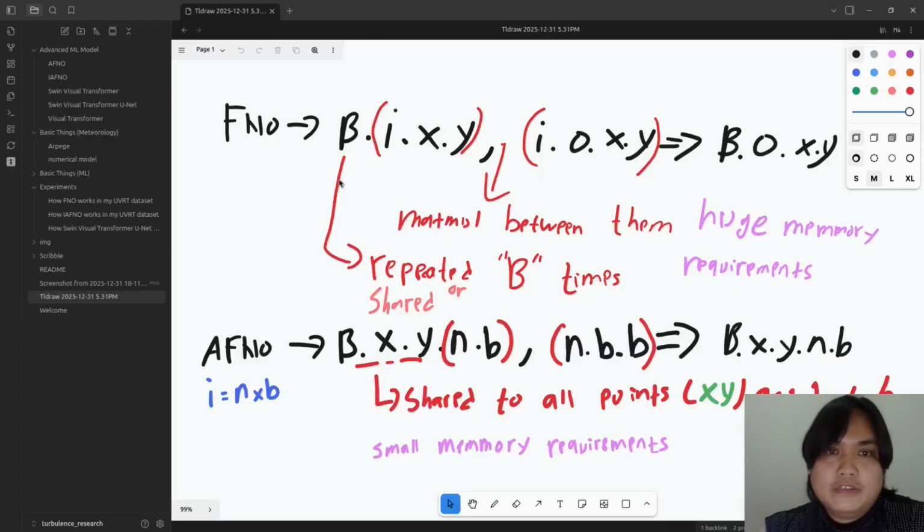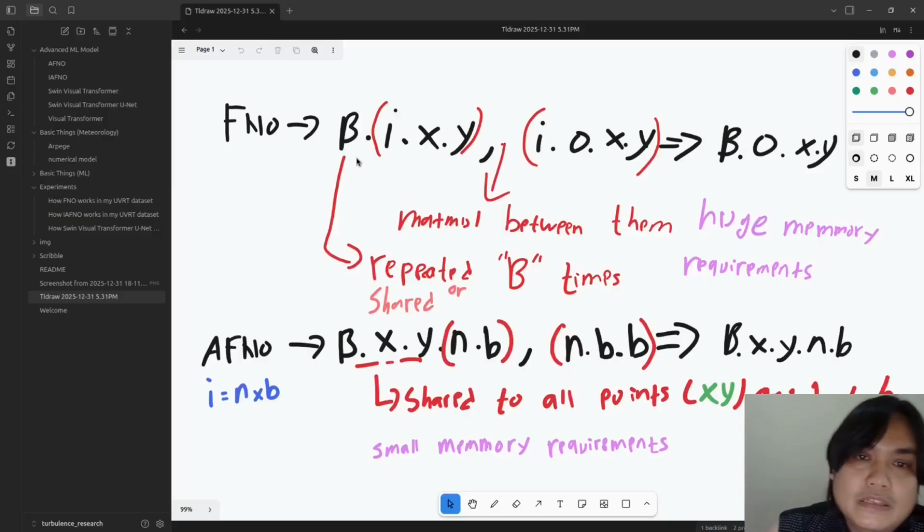In FNO, our input shape is like this: the first dimension is batch, and then I, X, Y. X and Y here are the output of the FFT. Like I said before, if our input is 1000 times 1000, then X will be 1000 and Y will be 500, or the reverse.